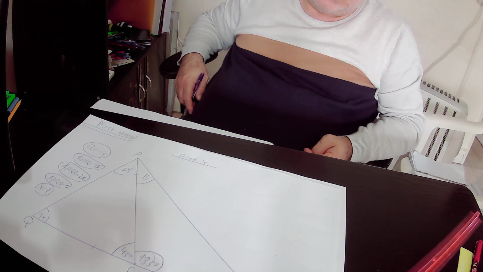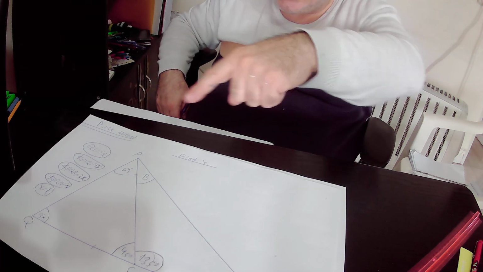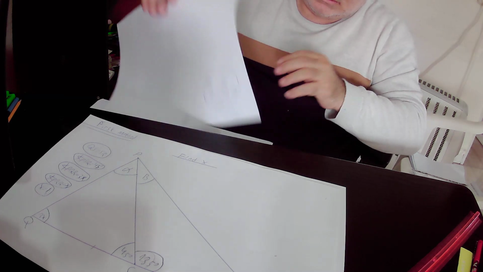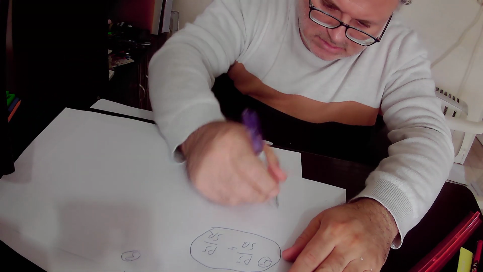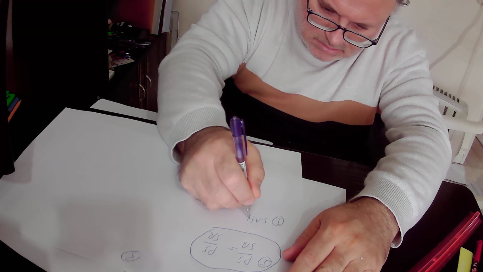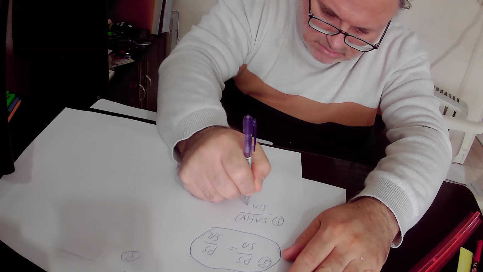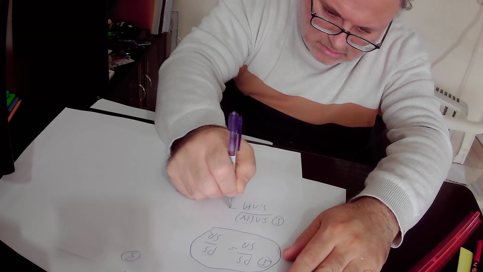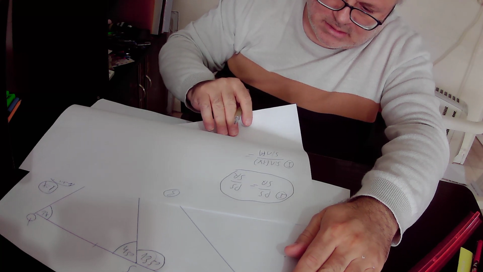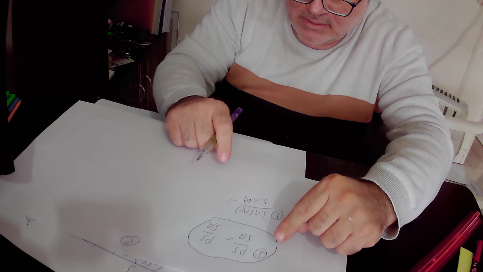It means that PS over SQ will be equal to sine 3x over sine alpha. But first of all, I want to clarify equation number 1.